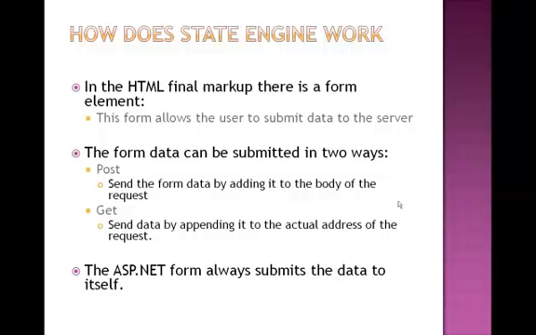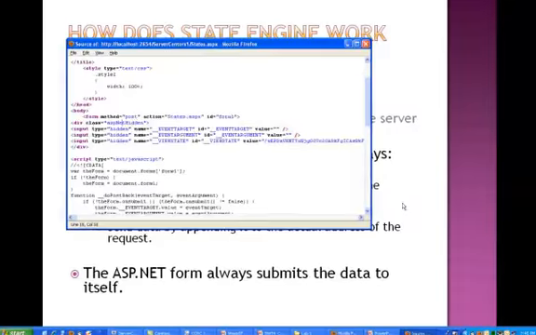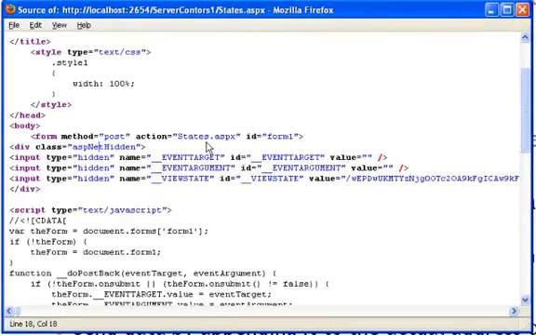A form can submit its data in two ways: a post method or a get method. As I showed you, the method the form we created uses to communicate with the server is the post method, and you can see it up here.